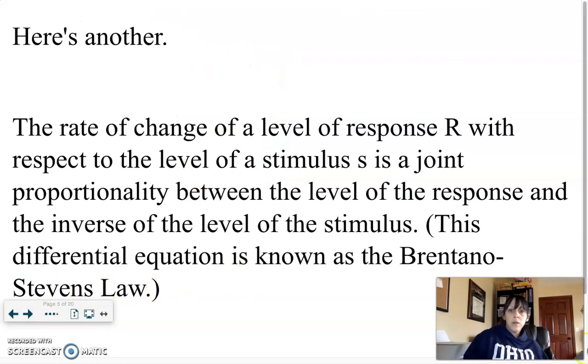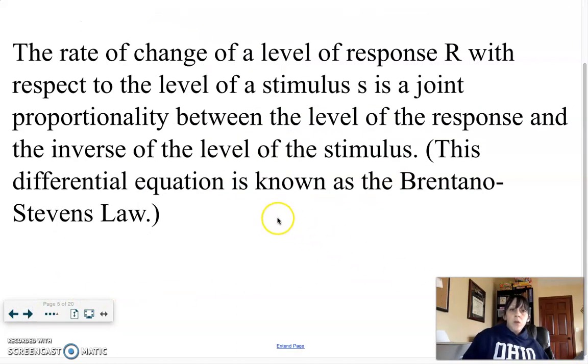Okay, let's do another one. The rate of change of a level of response R with respect to the level of a stimulus S, that's supposed to be a variable, is. So I'm going to stop here. Let's write what we know so far.